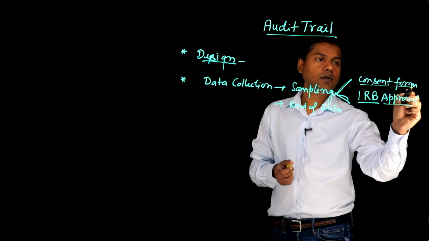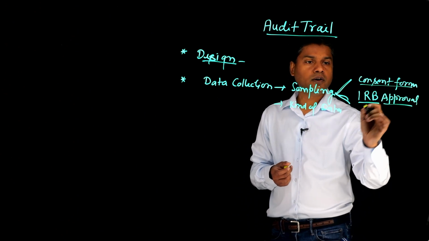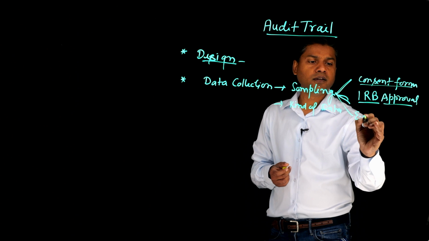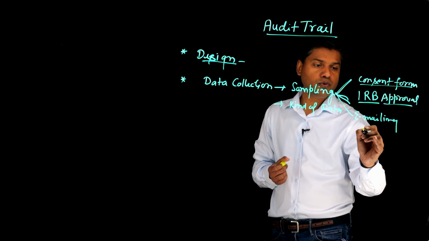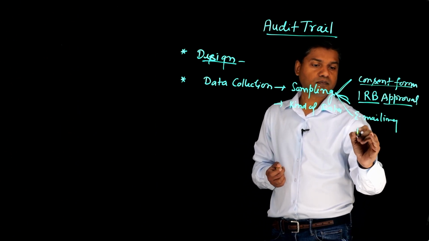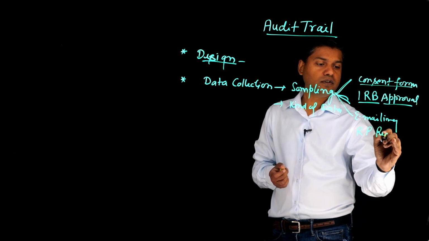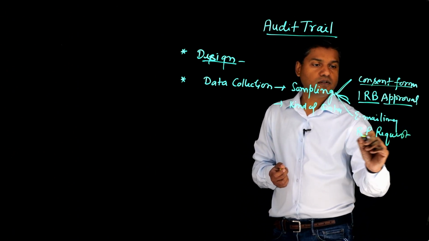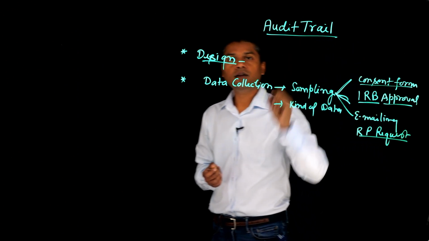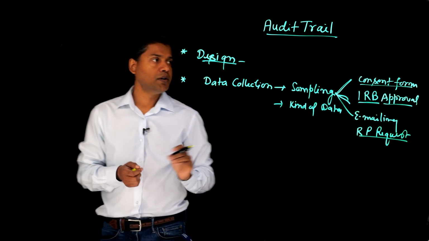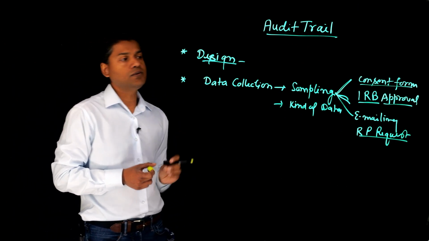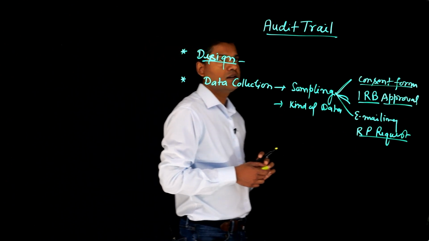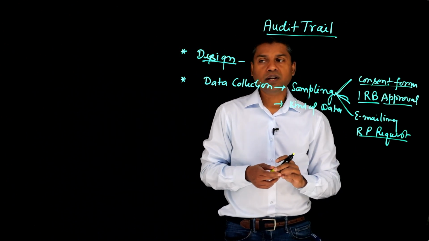IRB approval, the consent form, or maybe the emails you send or distribute with your research participation request. These are audit trail that suggest what steps you are taking and what decisions you are making in this whole process of data collection. So that will be part of your data audit trail.